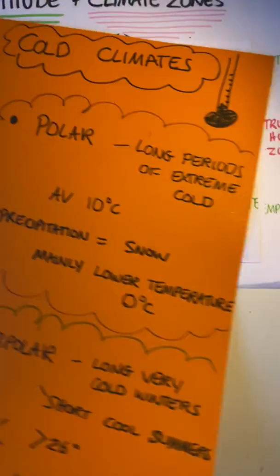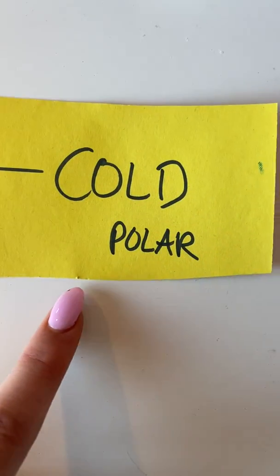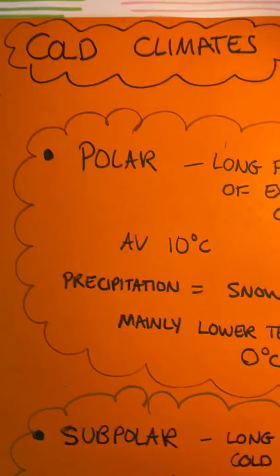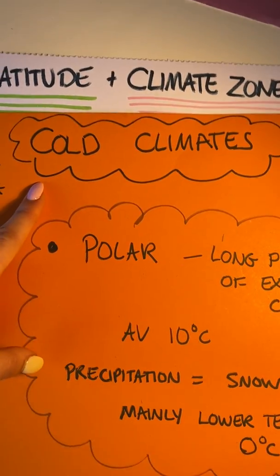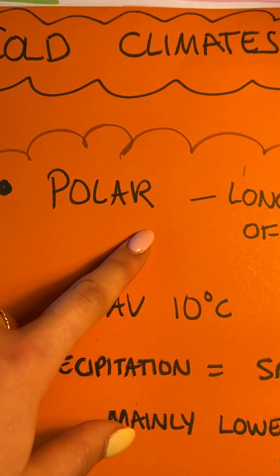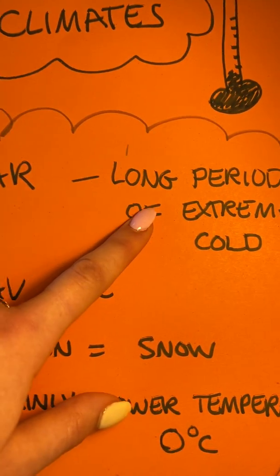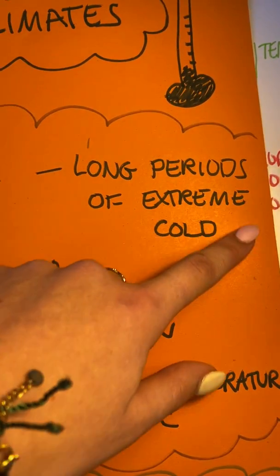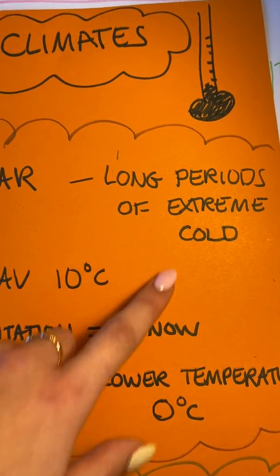Now, finally, cold climates. As we said earlier, cold and polar climates. Now, examples of cold climates are polar. Now, this is when there are long periods of extreme cold.